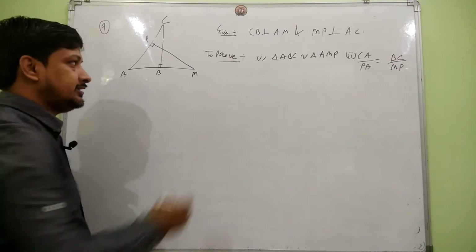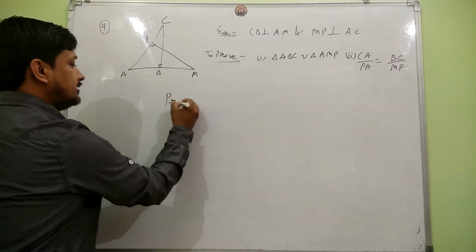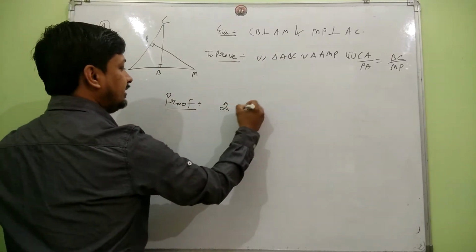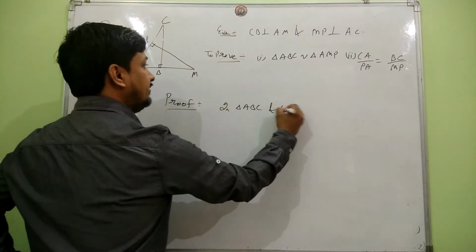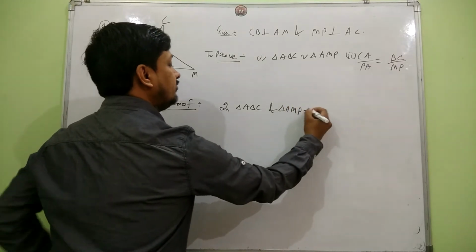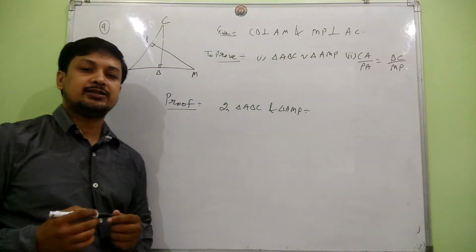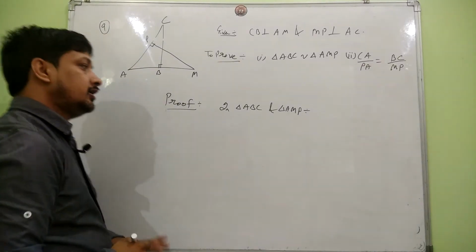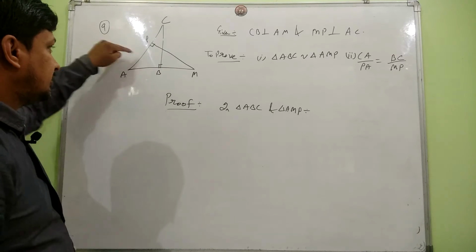This is a very easy problem. You can just take triangle ABC and triangle AMP. Now you start thinking, what are the 2 or 3 things by which we can prove them to be similar? First of all, this is a right triangle.